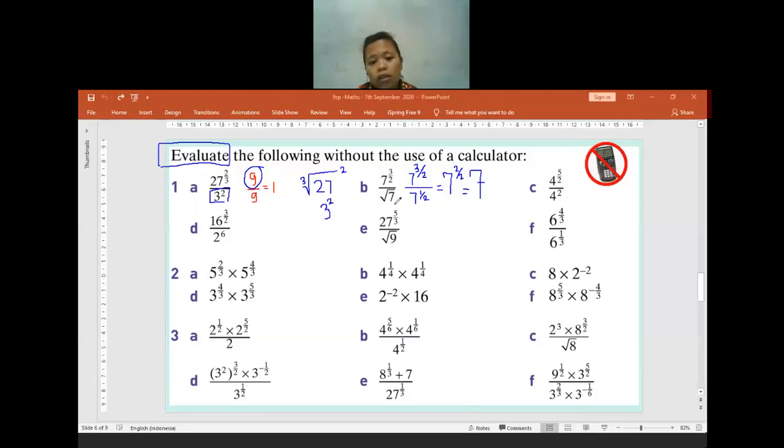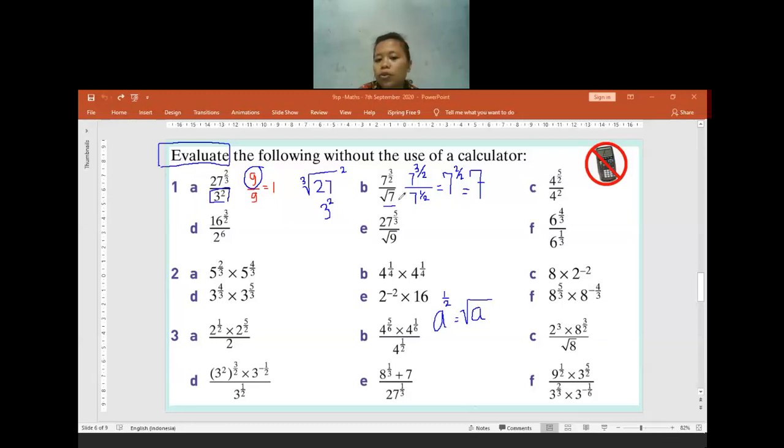From last week's discussion, when we have a to the power of a half, it will be the same thing as the square root of a. That's why now I have square root of 7. I can change it into 7 to the power of 1 per 2.